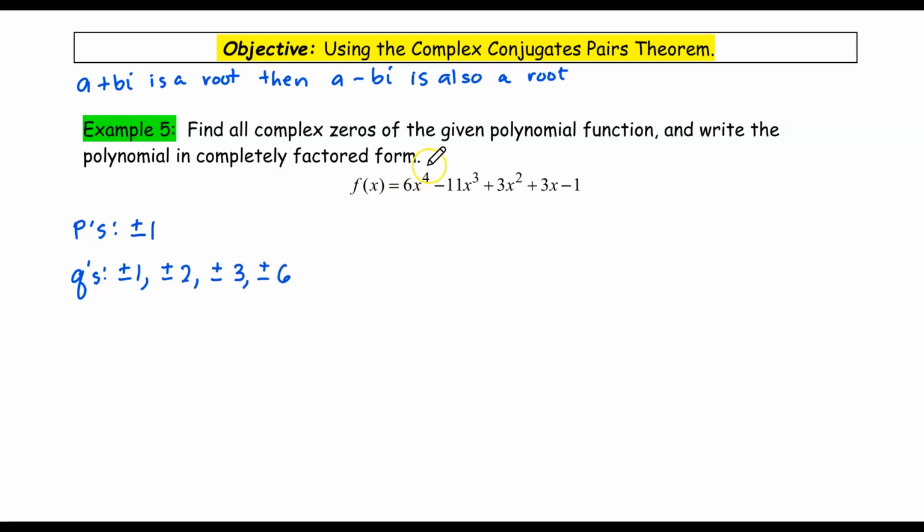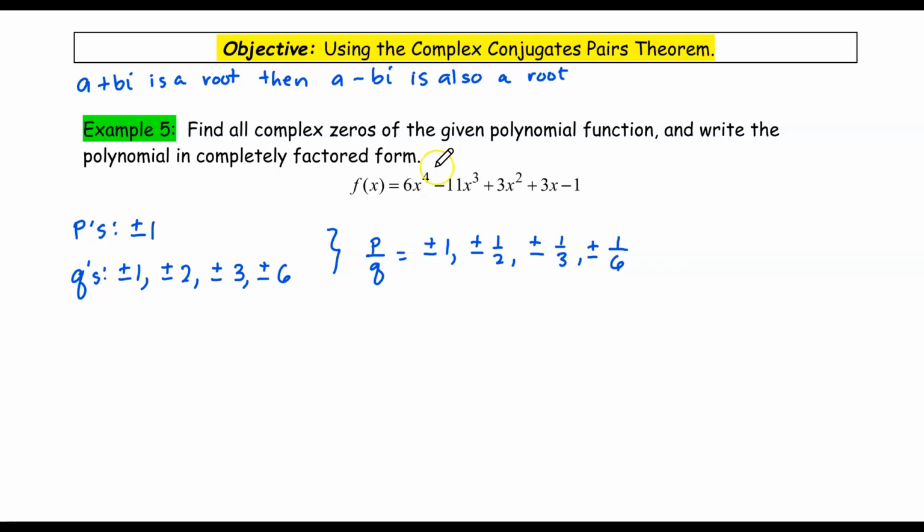These are all the factors of 6. Then p over q will be plus or minus 1, plus or minus 1/2, plus or minus 1/3, plus or minus 1/6. Now, these are all the possible rational roots.